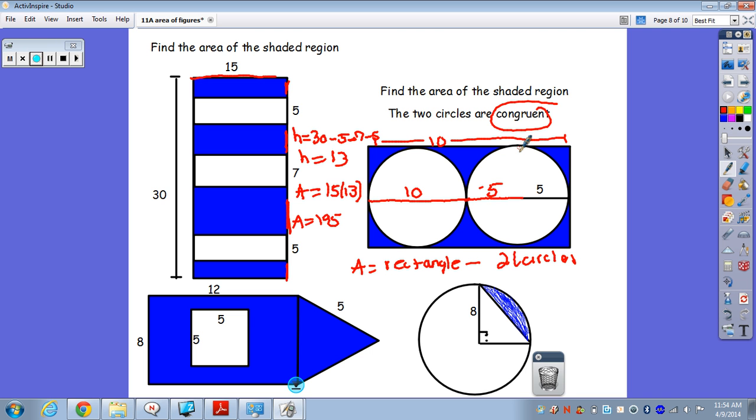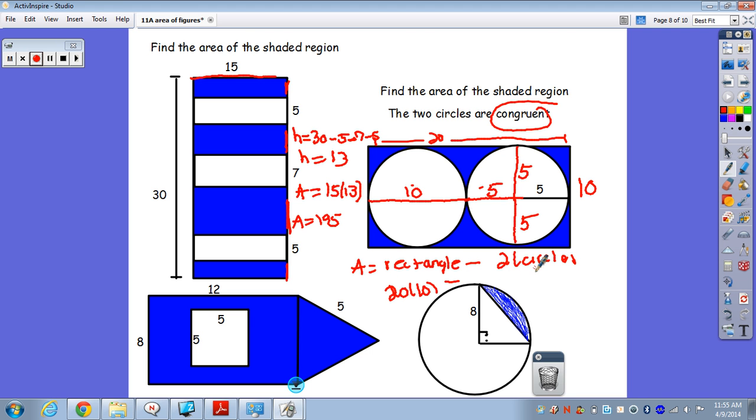The height, if I draw my radius, again my radius is 5 and my other radius is 5. So the height is 10, so I would do, back here this is 20. Because I do 10 plus 5 plus 5, so that's 20. So then my area is base times height, so 20 times 10.